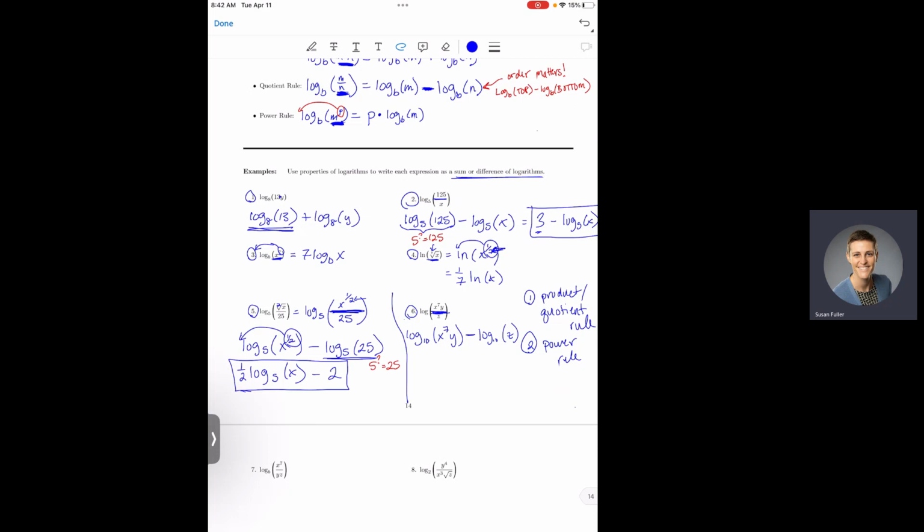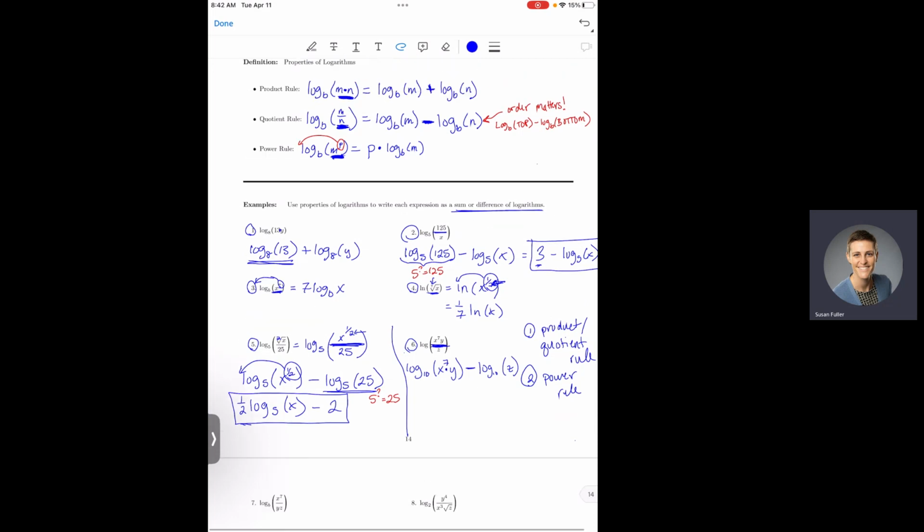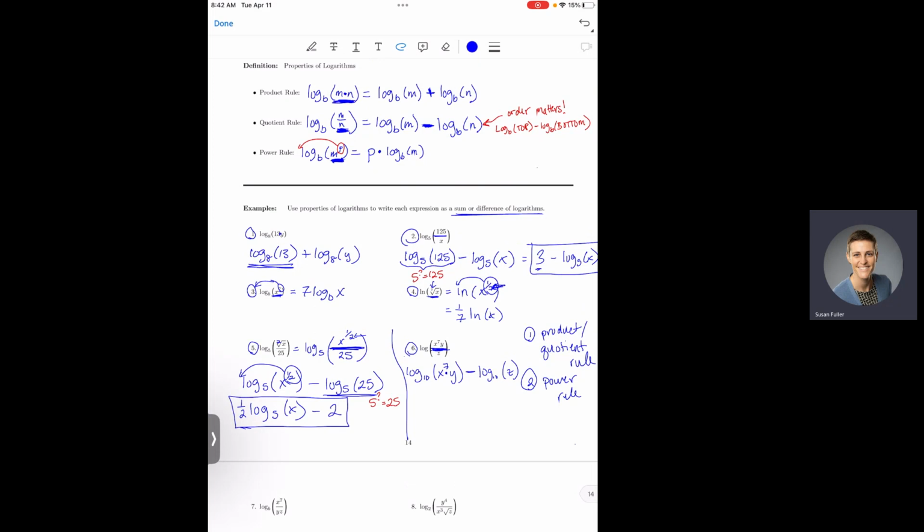Now, do we have any multiplication or division remaining inside any of our logs? Yes, we have multiplication inside a log right here. So now we have to split that one up. So we'll apply the product rule to this one. If you've got multiplication inside, that turns into addition outside.